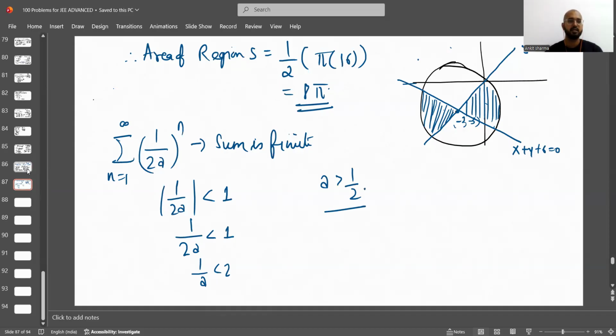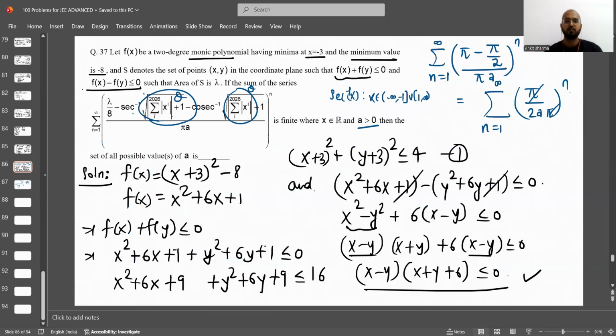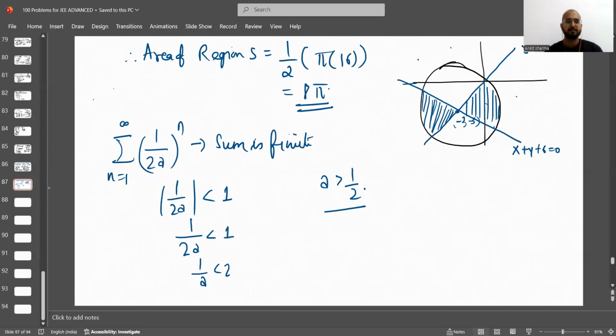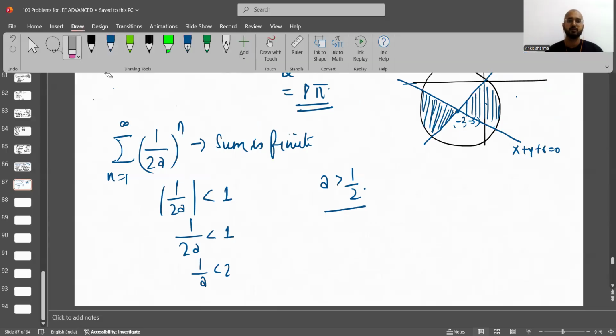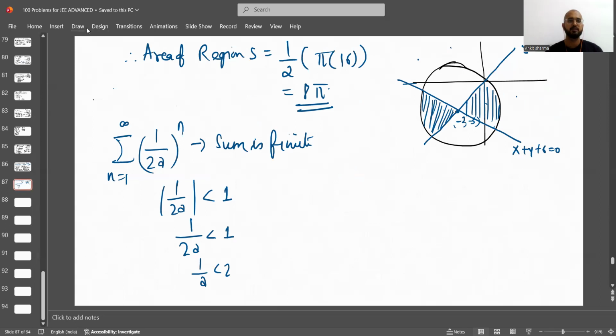And now we are saying that a is more than 0. Let me think of opening this thing. Wait a moment. If I open with modulus, what do I get? It will be minus 1 less than 1 by 2a less than 1. Okay, so the positive part is required. That means only this one. So 1 over 2a should be less than 1.